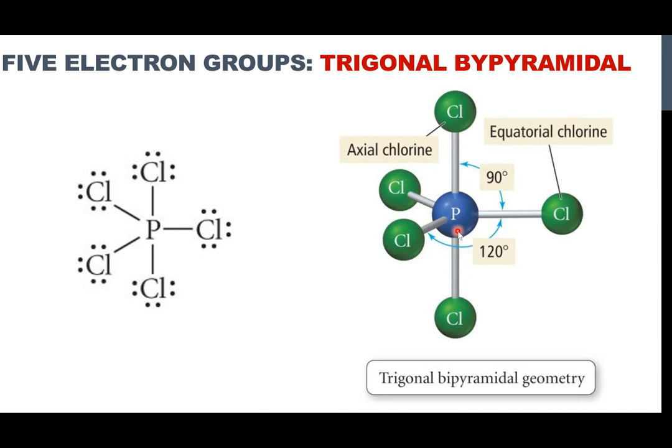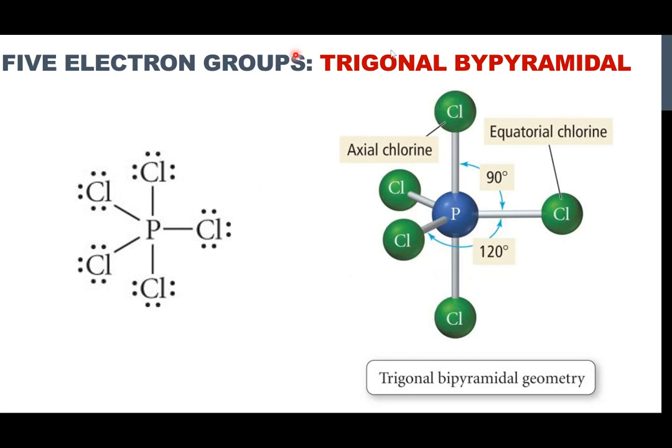Think about looking at a globe, and where's the equator? It's right there in the center of that globe in a flat plane. So these are equatorial. And then the axial positions are going to be the ones going up to the top and the ones coming down to the bottom. So this globe spins on its axis, these axial chlorines here.